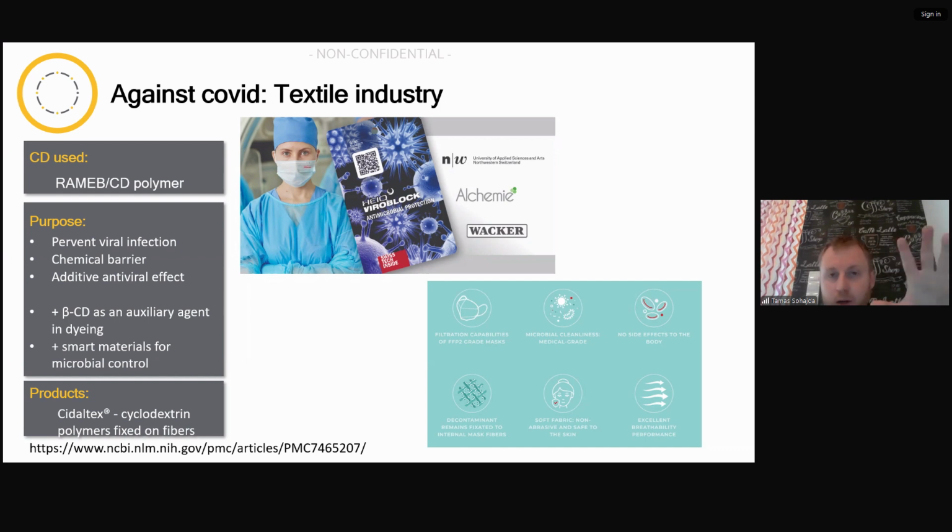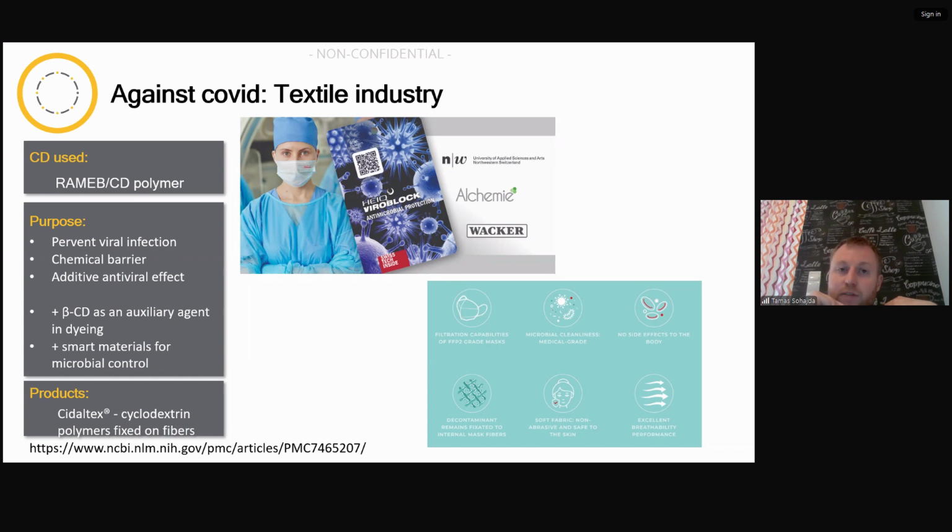Here, it's a different concept. So there were several approaches during COVID to incorporate empty cyclodextrins into the texture of the masks to have a chemical barrier. So the mask itself is, of course, a physical barrier, but cyclodextrins in these times were shown to have an antiviral effect on their own.